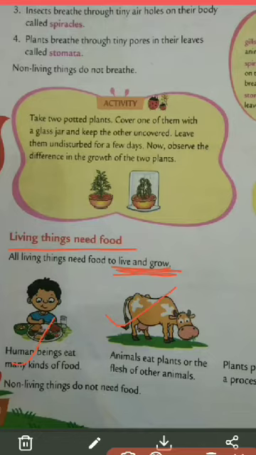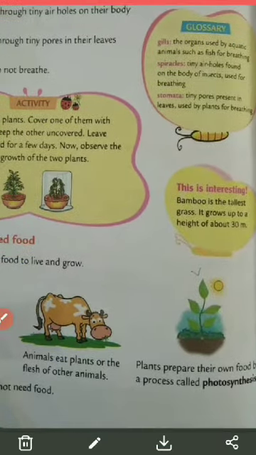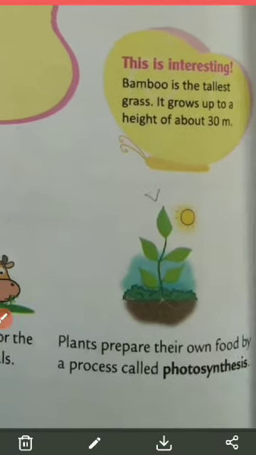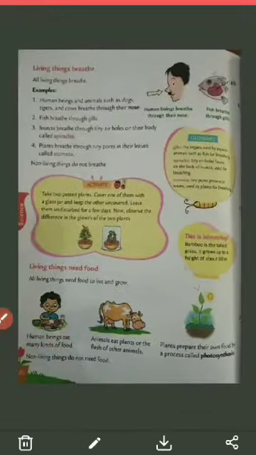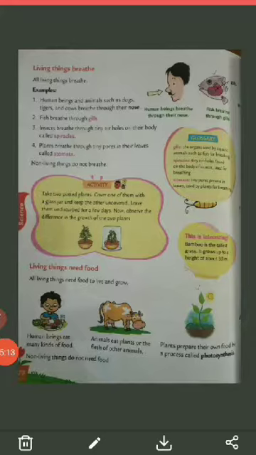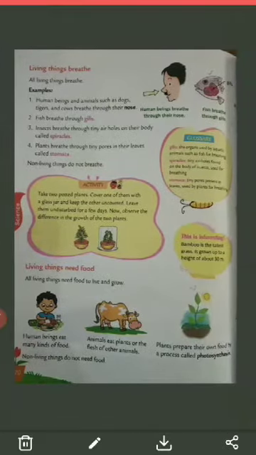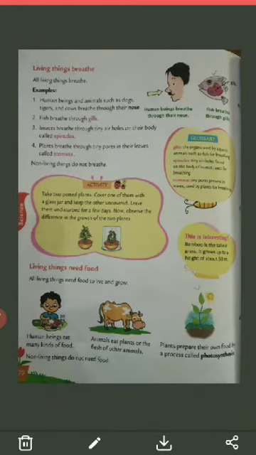Plants prepare their own food with the help of sunlight, water, and air by the process called photosynthesis. But non-living things do not need food.